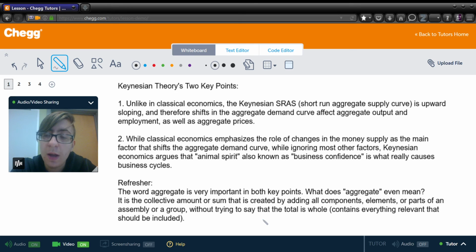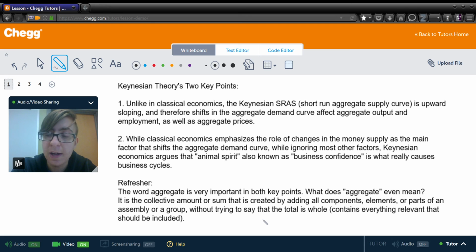When I went through my intro to macro class, as well as some of my intermediate macro class, I had a hard time remembering what aggregate meant. None of my professors actually told us flat out what aggregate meant. It was implied, but it was never actually stated. So in case that's been the situation with you as well, aggregate is the collective amount or sum that is created by adding all components, elements, or parts of an assembly or group without trying to say that the total is whole or contains everything relevant that should be included.